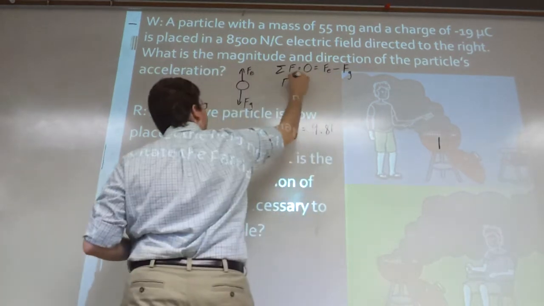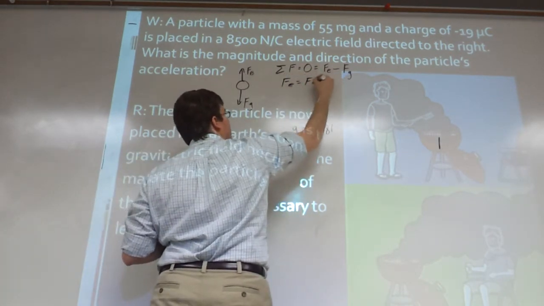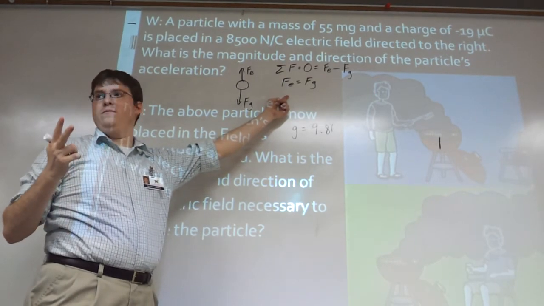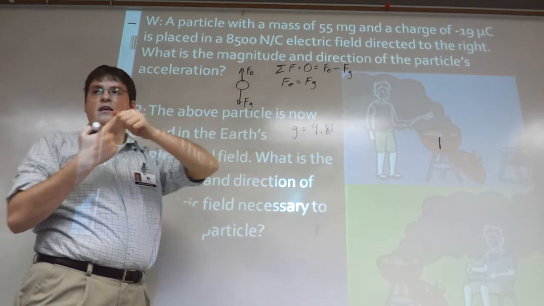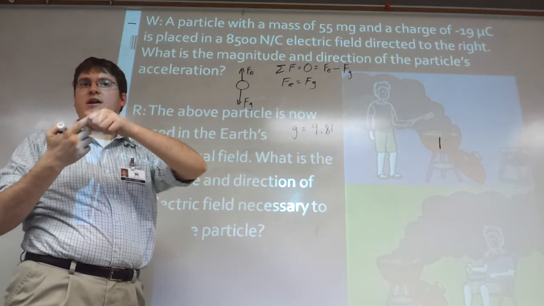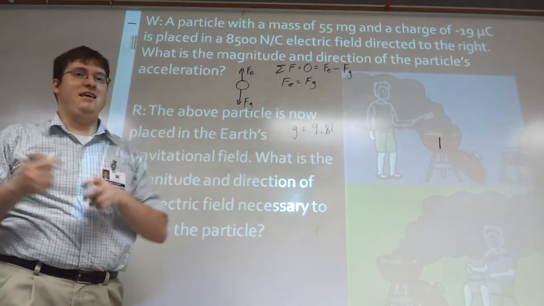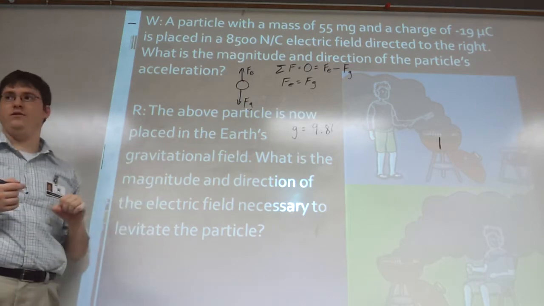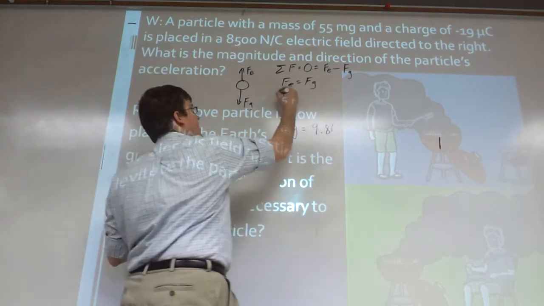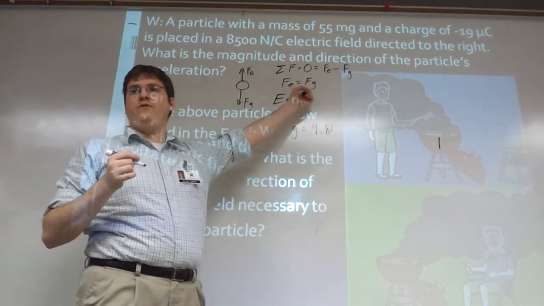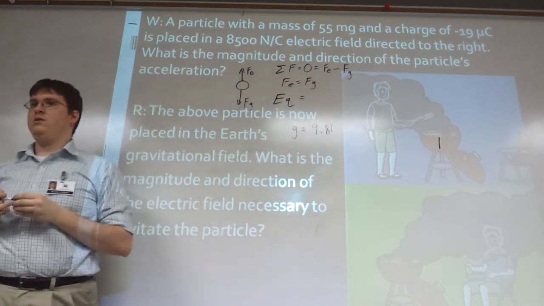Do we have an expression for force electric? We do. We have two of them: k Q1 Q2 over r squared, and F equals EQ. Which one do you want to use? EQ, because we're looking for an electric field. So EQ equals, do we have an expression for gravitational force?